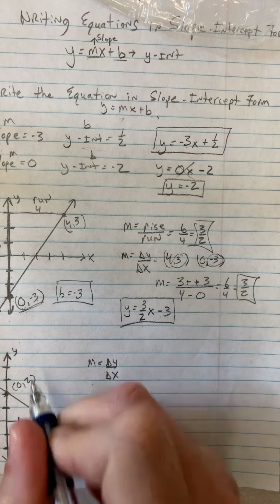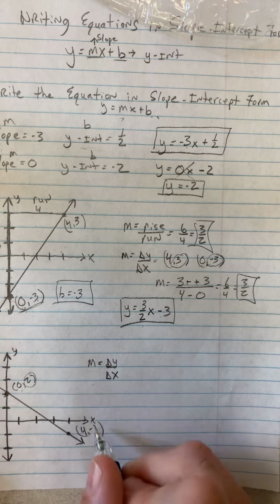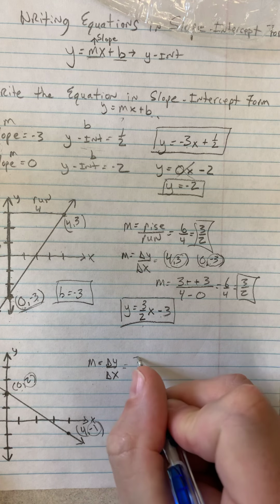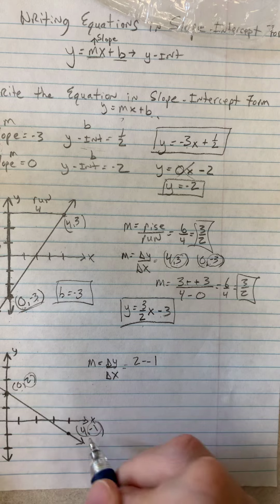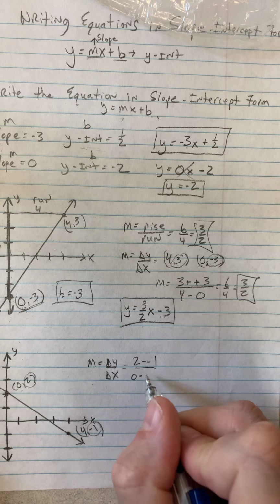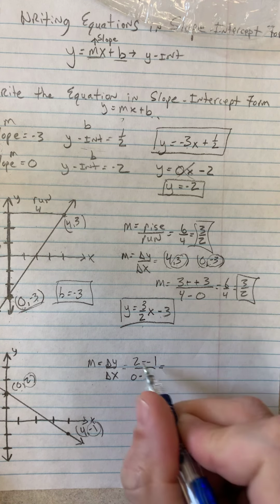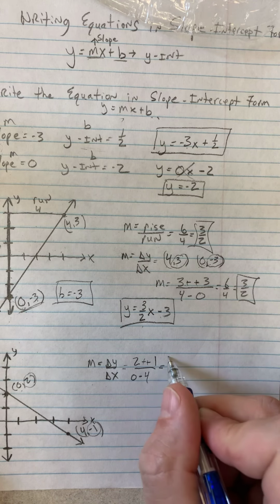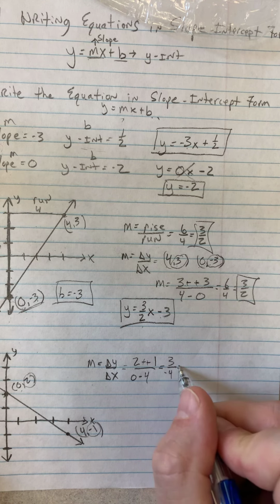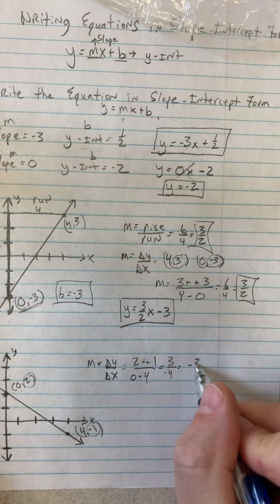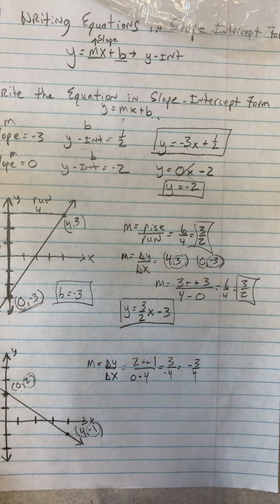First, no reason. I'm going to do it two different ways. I will circle my y's, and I will go 2 minus a minus 1, and I will go 0 minus 4, which gives 3 over -4, or I have a -3/4 as a slope.